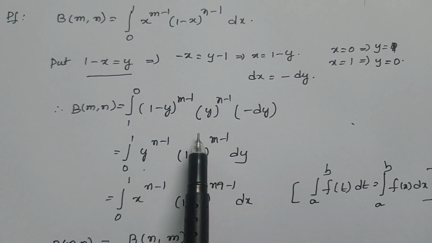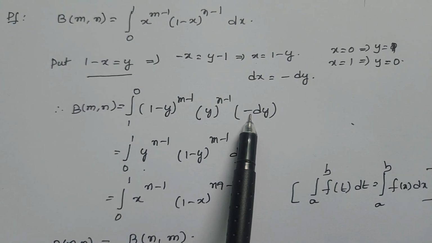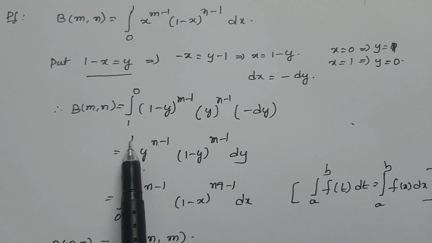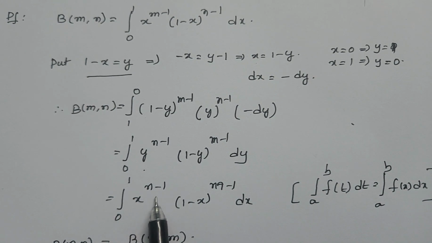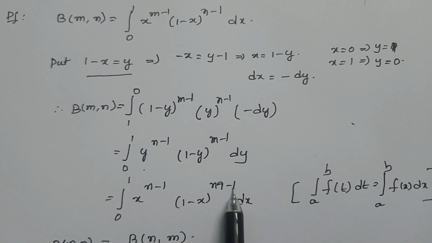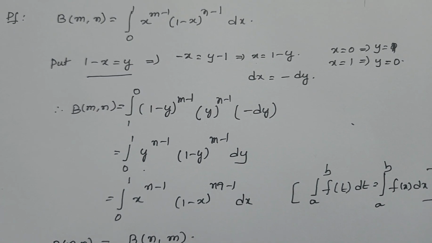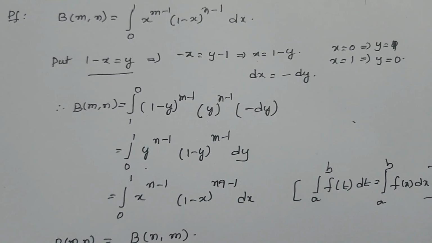Because of the minus, we are interchanging the limits. So this is equal to the integral from 0 to 1 of x to the power of n minus 1, 1 minus x to the power of m minus 1 dx. So this is nothing but beta n, m. So this is the first property.